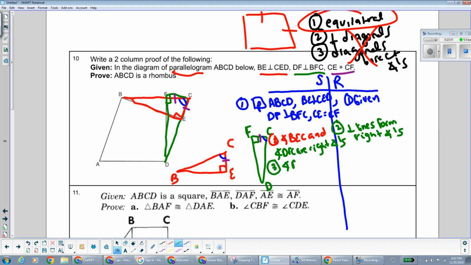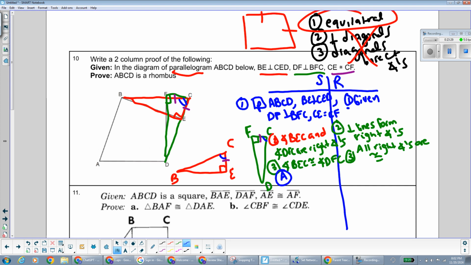So angle BEC is congruent to angle DFC. And that's because all right angles are congruent. Moving on, we already have the side from the givens. So this was one of our angles, the right angles.